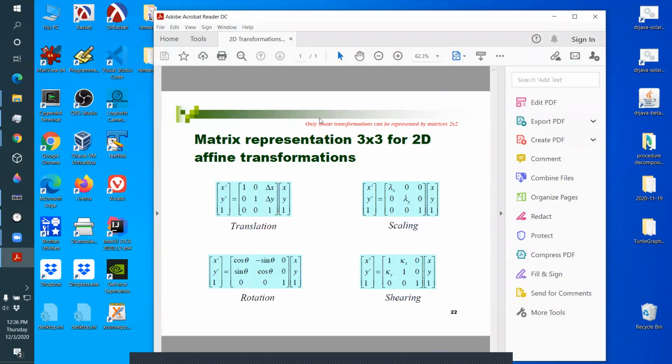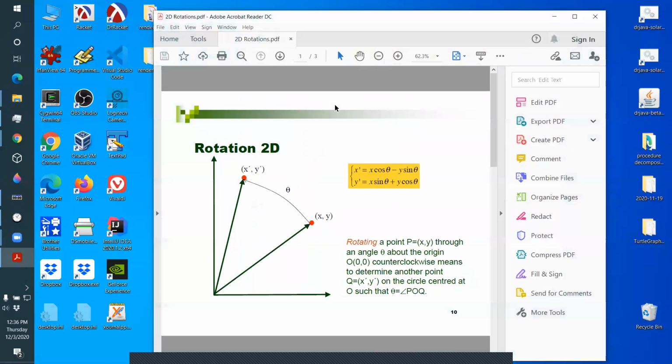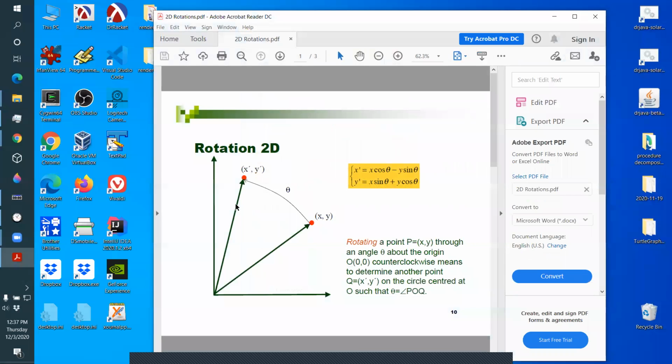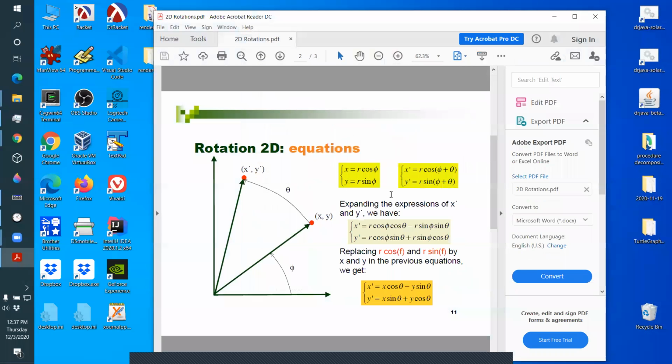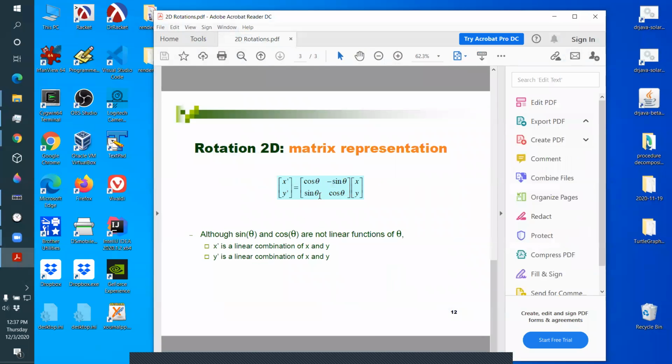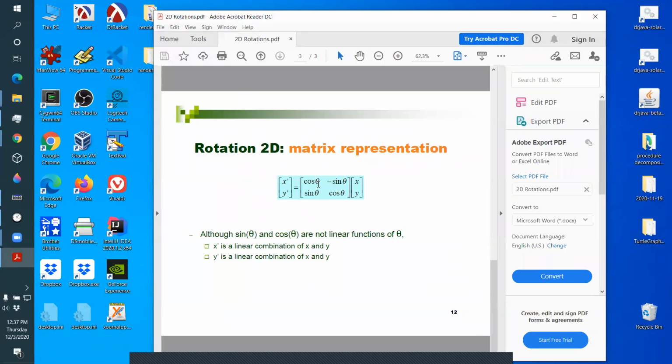First, here's rotation. This slide derives the formula for rotation really nicely. The rotation matrix is this matrix here. You rotate by the angle theta with cosine theta, negative sine theta, and so on. That's a two-dimensional rotation, and it turns out that's the heart of all rotations.